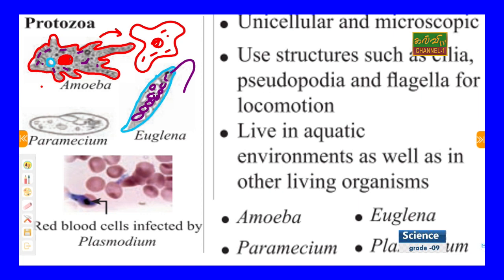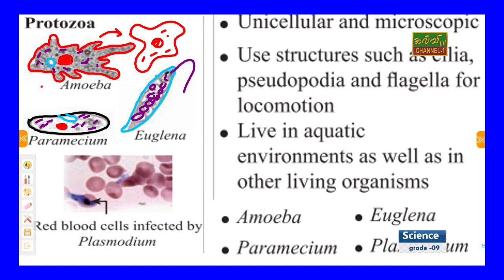Euglena. And paramecium. Paramecium is also a slipper-shaped microorganism. It can be seen under the microscope. Here the nucleus is available, and some food particles and other needed substances. This is paramecium.